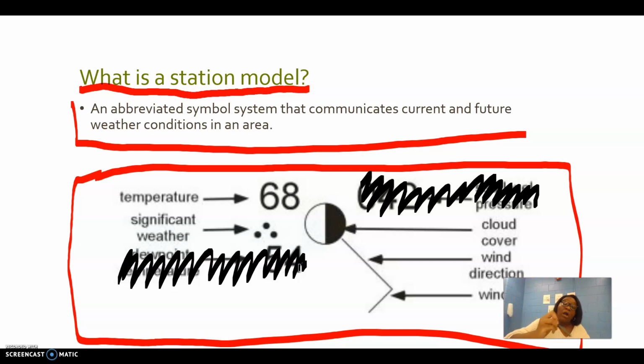All of the other parts of a station model we need to have in our picture. It's important for us to know that temperature, cloud coverage (how much cloud is in the sky), significant weather like precipitation, wind direction, and wind speed are calculated and shown using a station model.